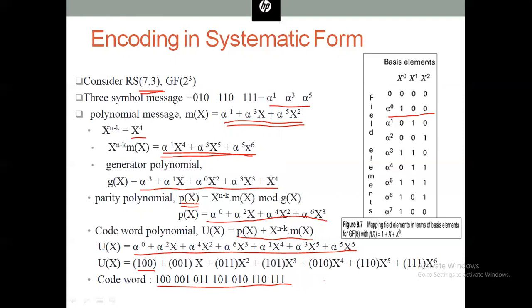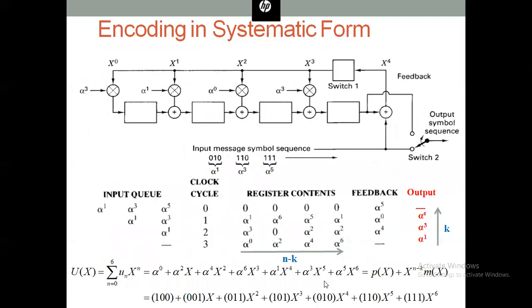So we assume that this RS code is encoded in the same way, using the linear feedback shift registers as in the binary case. But here we have symbols and we have to use the addition and multiplication table for this.